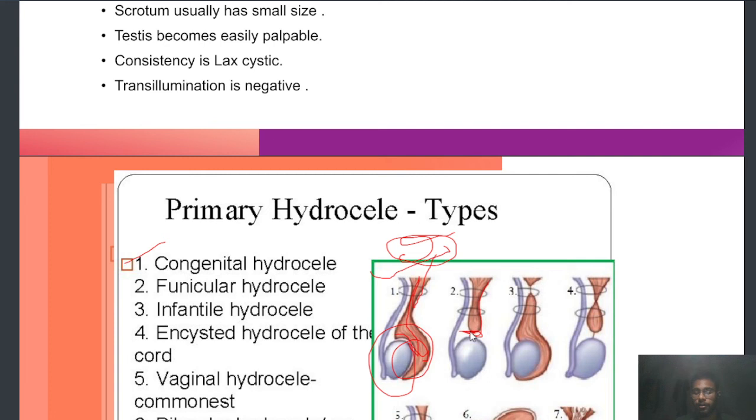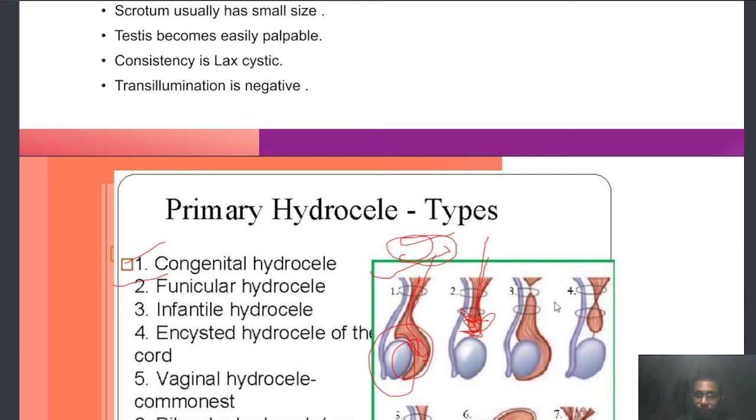Since it is closed at an abrupt point, the contents of the abdominal cavity flow from here into just right here, and it stops at the place of the obstruction of the tunica vaginalis. So it forms a droplet type of shape. Here is the testis, and the hydrocele comes right here, and on USG you will find a drop shape right here. So it is known as a funicular hydrocele.